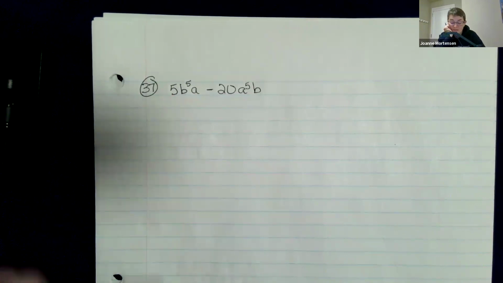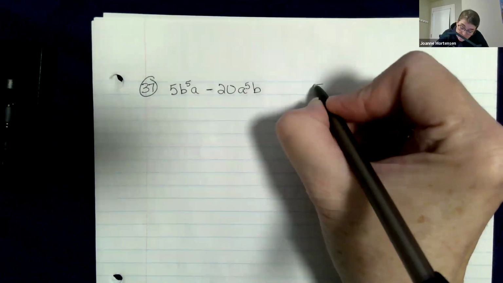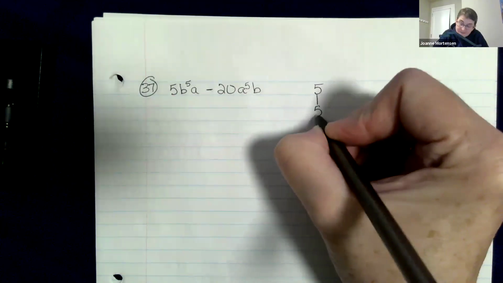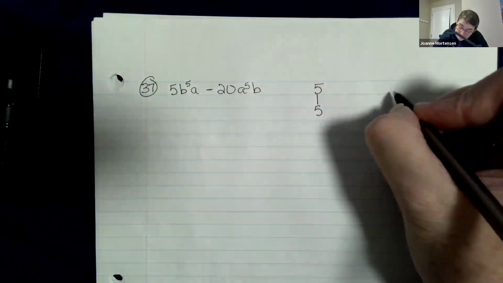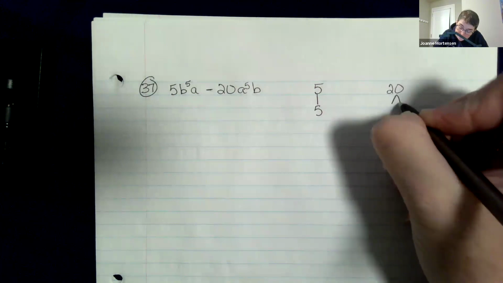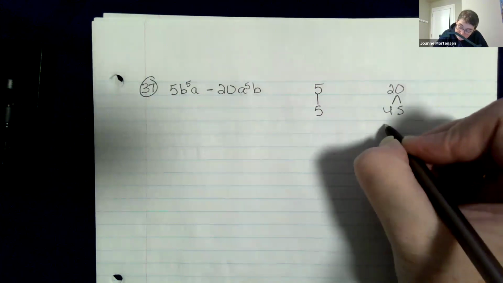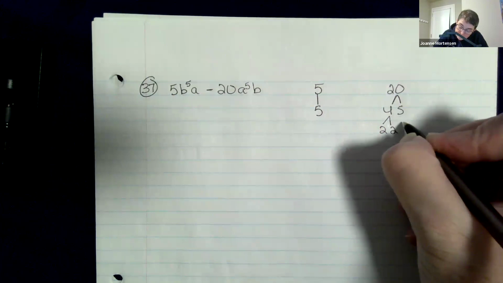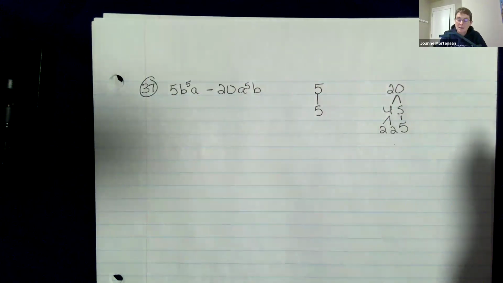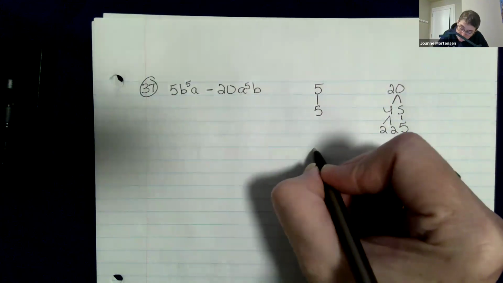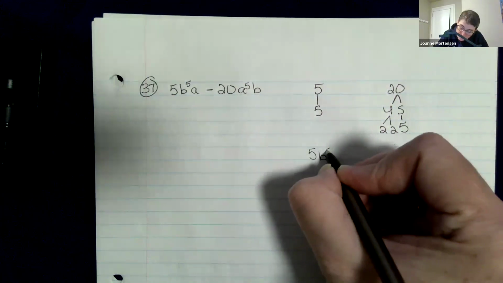5 does not have a square root, so I guess that was just me being stupid. Don't really need to do that. 20, 4 times 5, 2 and 2 and 5. So maybe something interesting is going to happen when we line these up. 5, b5a.